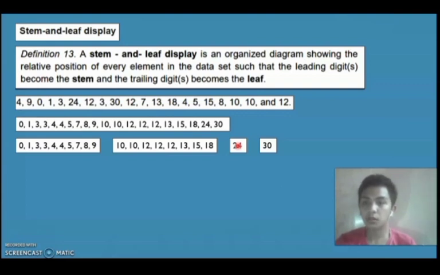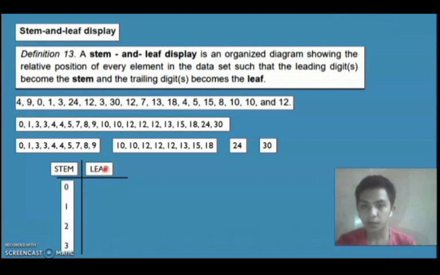In doing the stem and leaf display diagram, we will use this, and here is the side of the stem, and here is the side of the leaf. And here we have the leading digits, which are 0, 1, 2, 3. As you can see, we have here the leading digit of 0 and 1 here, 2 here, and 3.